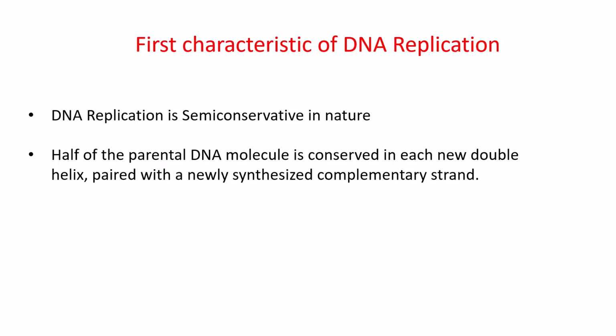We have seen how Meselson and Stahl proved the semi-conservative nature of DNA replication. This feature of DNA replication is a universal feature, which means that it is obeyed by all living cells. In the coming lectures, we will talk about the other characteristics of DNA replication, particularly the semi-discontinuous nature and the bidirectional nature of DNA replication. Thank you.